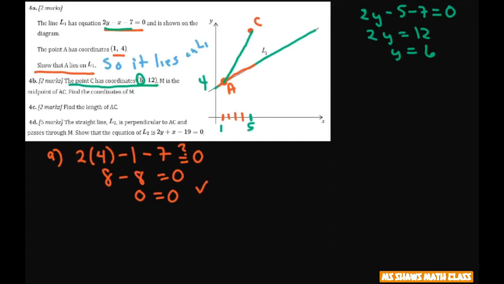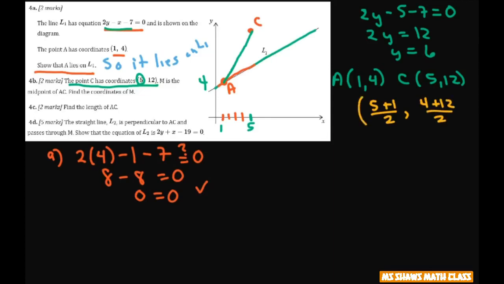So basically we have 2 points. We have point A, which is (1, 4), and point C, which is (5, 12). To do the midpoint, you just add your x's and divide by 2, add your y's and divide by 2.